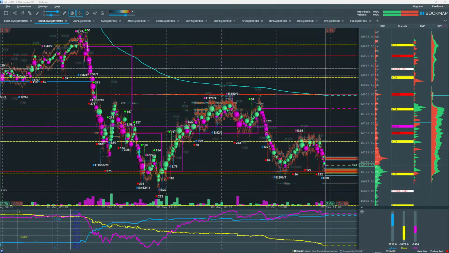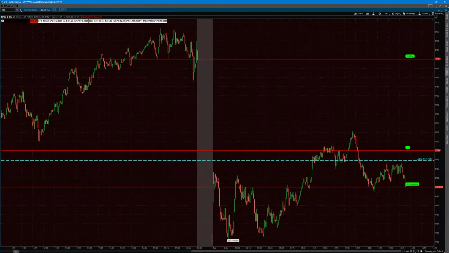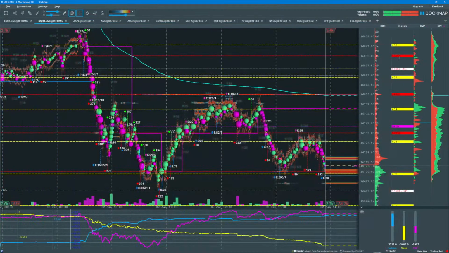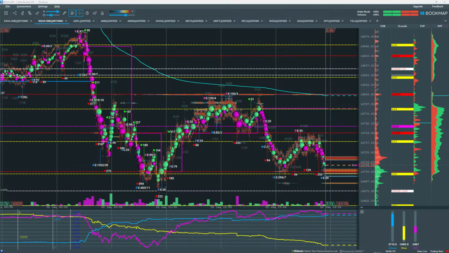Let's just take a look. So there are no combo levels here on SPX. And for NQ, a combo level combines QQQ and NDX gamma weighted open interest, and then converts that to an equivalent level on this chart.